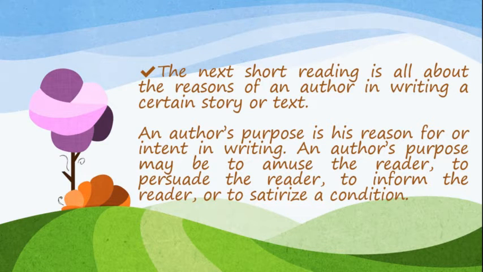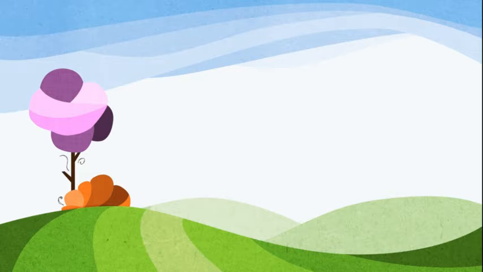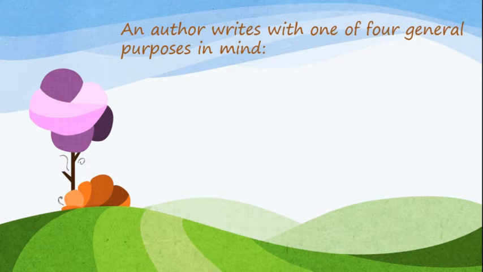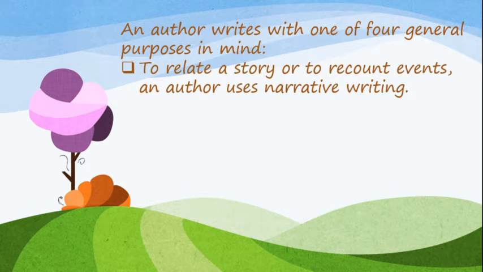An author also sometimes has one or four general purposes in mind. First, to relate a story or to recount events, an author uses narrative writing. So the author wants to narrate the story.